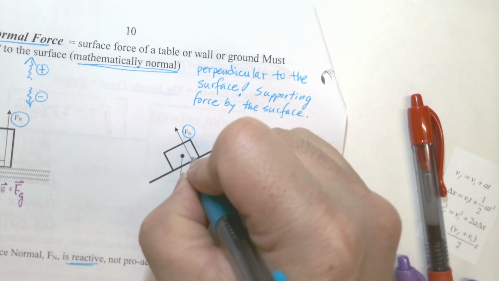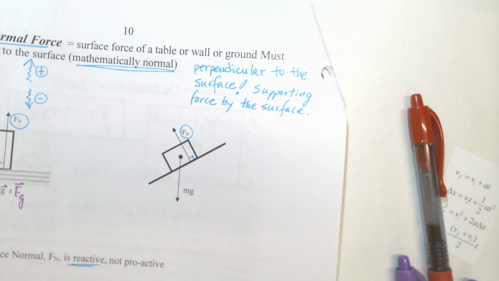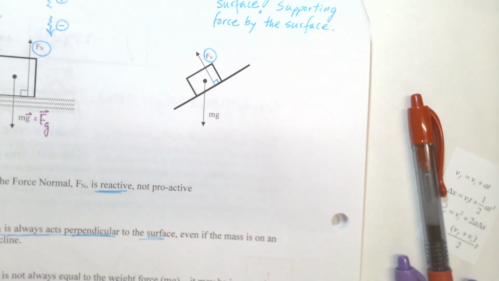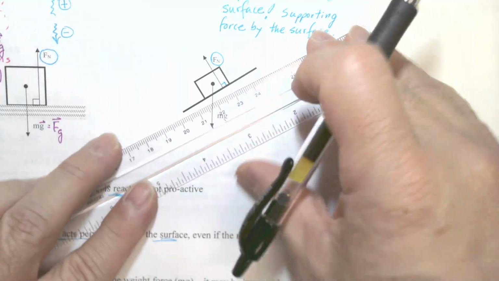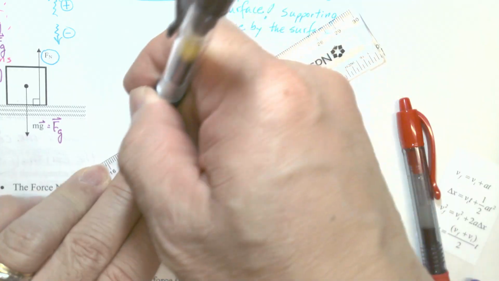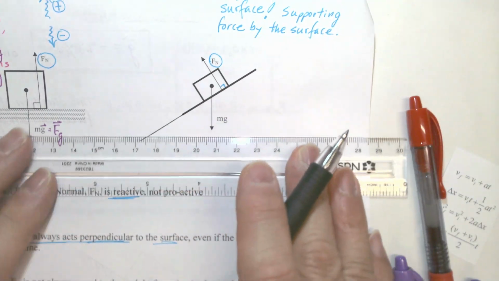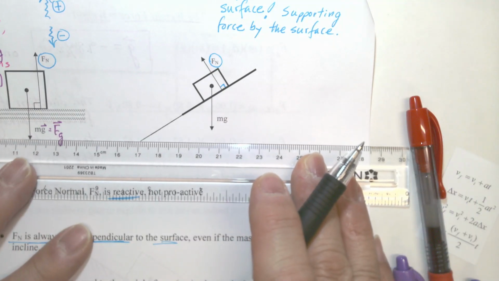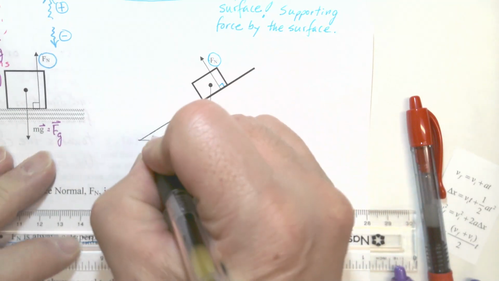So this here is 90 degrees. So if I were to extend this incline straight out, this is my angle theta for my incline.